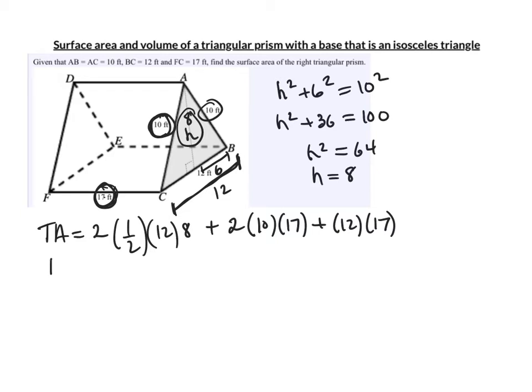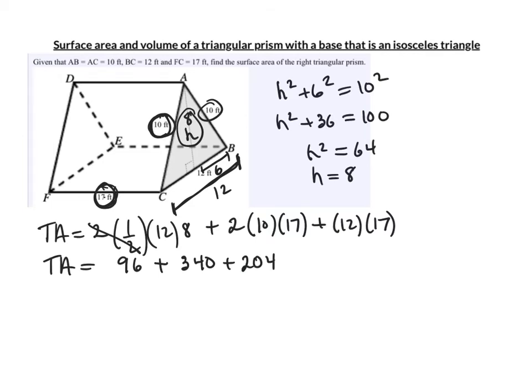So let's work all this out. Our total area, these cancel. 9 times 12 is 96. 2 times, I'm going to do it this way, 17 is 34, times 10 is 340. And 12 times 17 is 204.